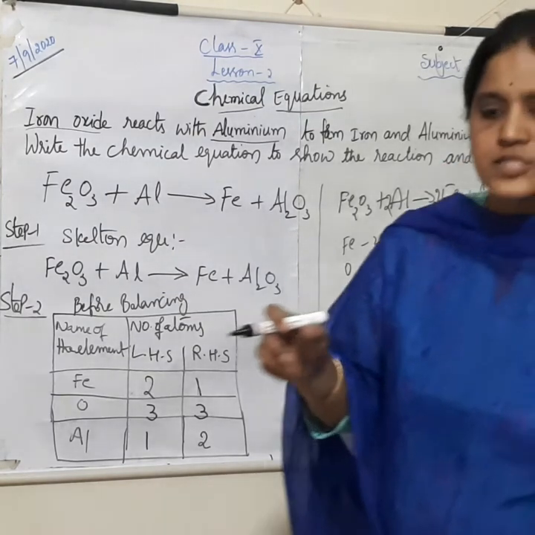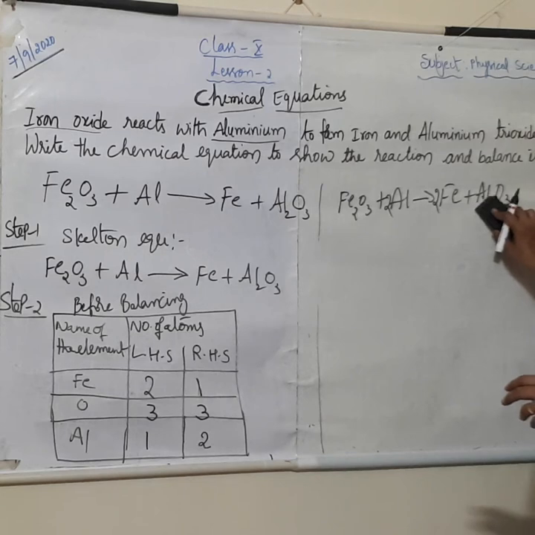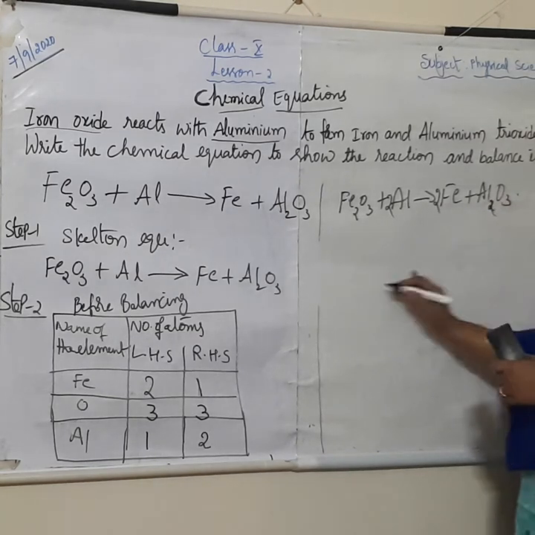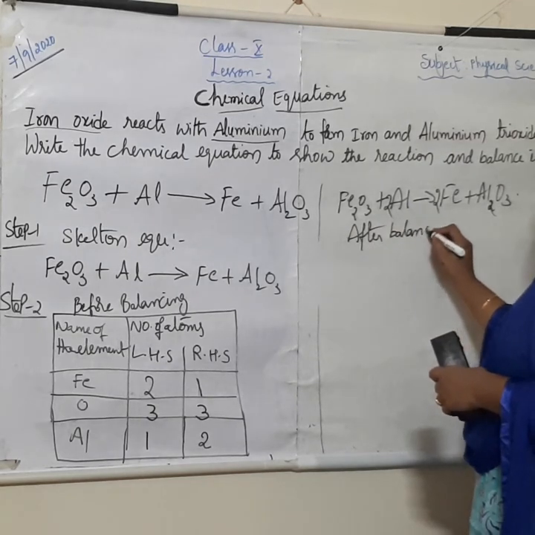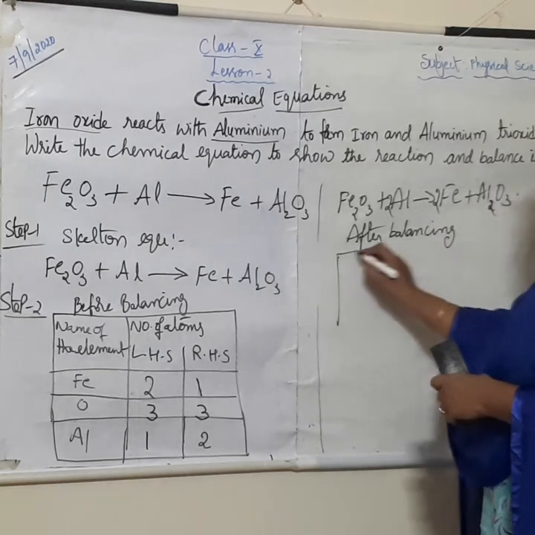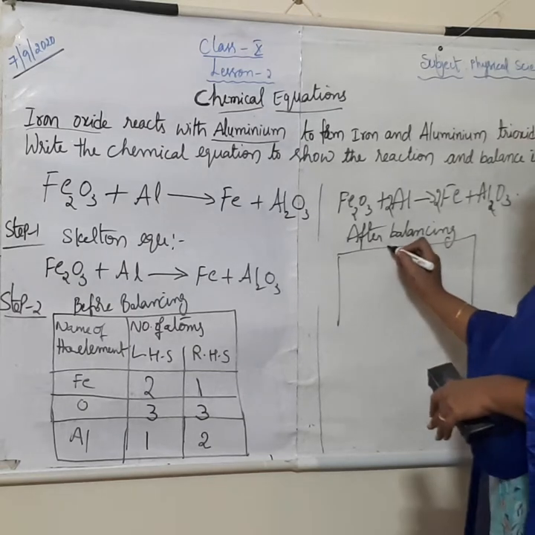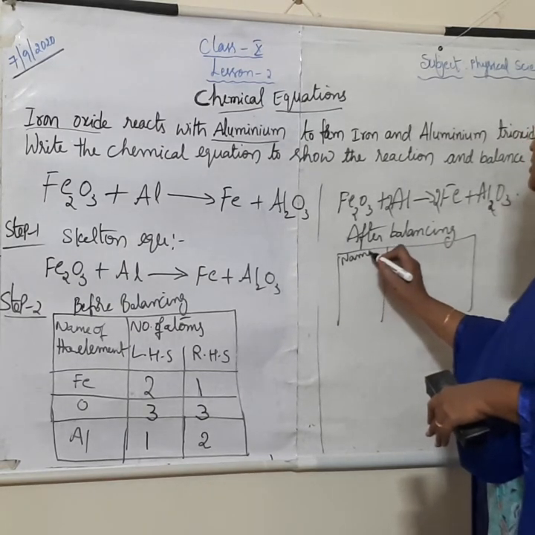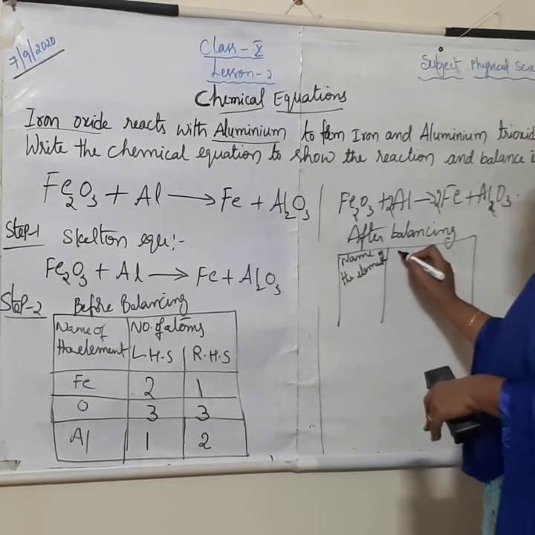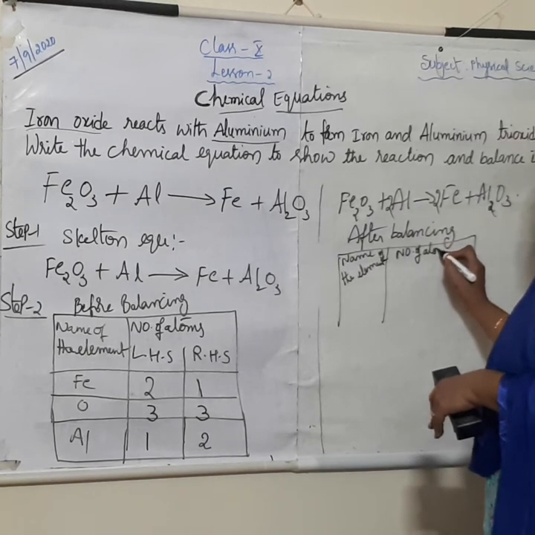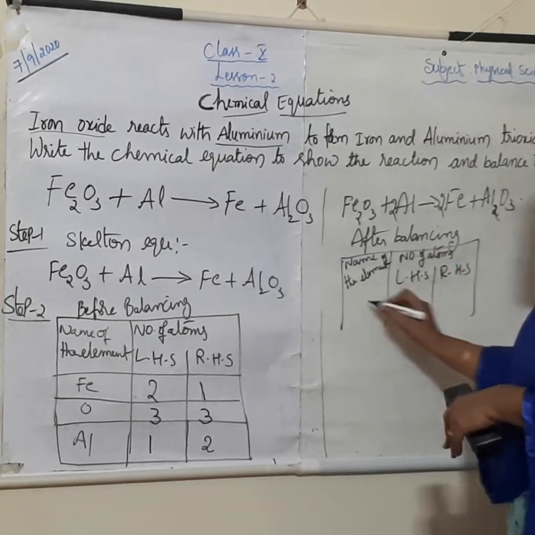After getting the balanced equation, once again we will write the table after balancing. Actually no need to write, but to understand clearly we must write it. Name of the element, number of atoms, LHS and RHS.